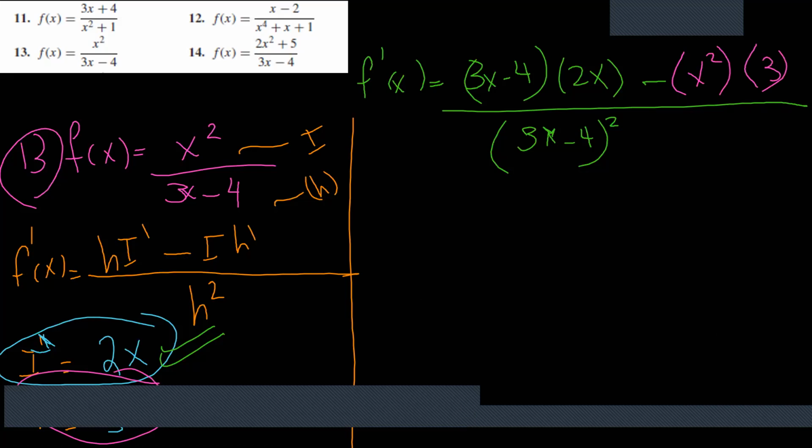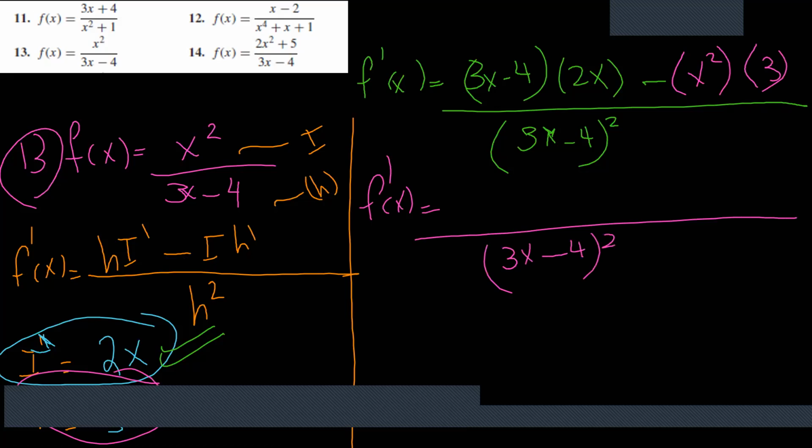Then let's now simplify it. f prime of x is 3x times 2x, it is 6x squared minus 8x. I just multiply 2x by the first one, which is 6x squared, and by the second one, which is minus 8x.